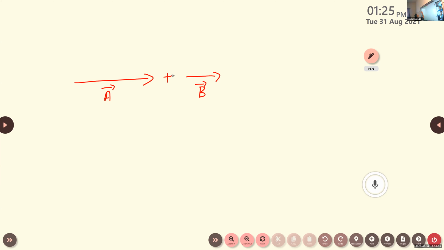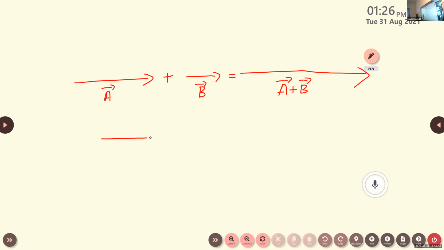Then the resultant vector is vector A plus vector B. The resultant vector is the sum of the magnitudes of the two vectors. It becomes a large vector because vector A is adding along with vector B, just like simple addition.